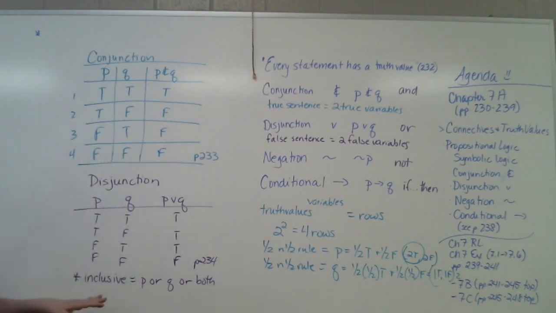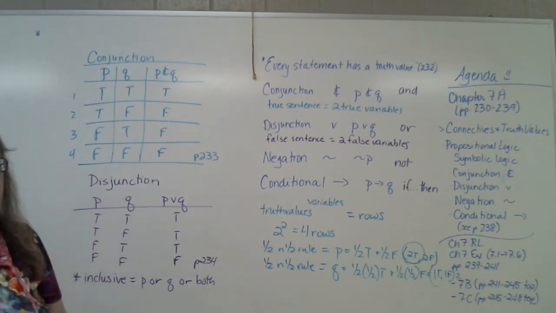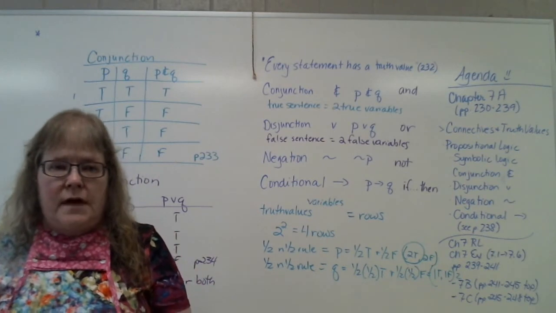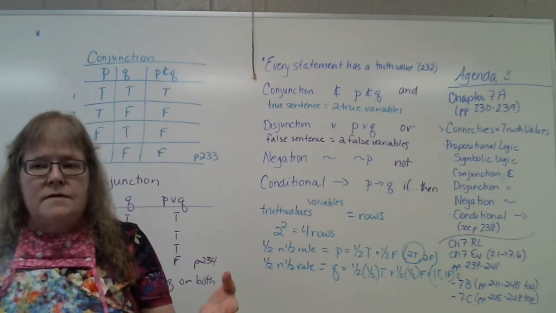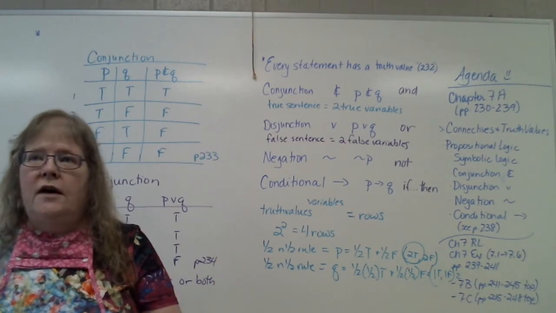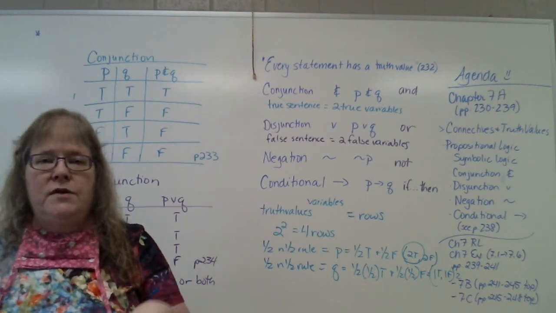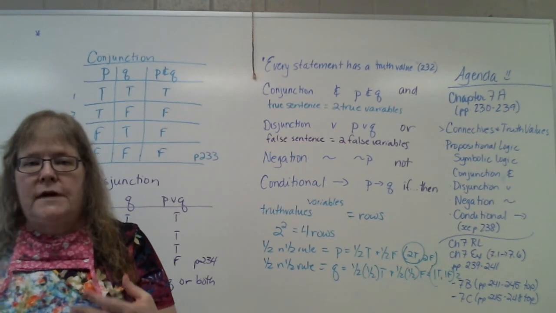When we looked at the disjunctive syllogism in chapter 3, we said we have 4 different possibilities. Either we have P or we don't have P. And if we have P, we don't have Q. So we were doing an exclusive.